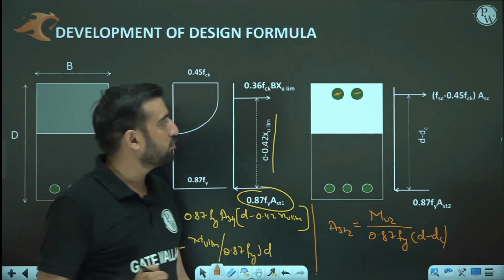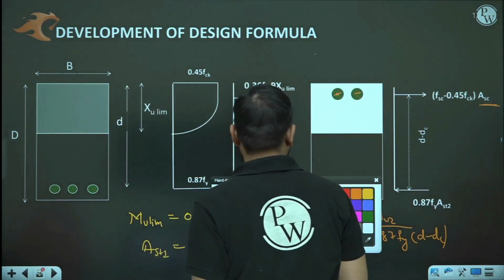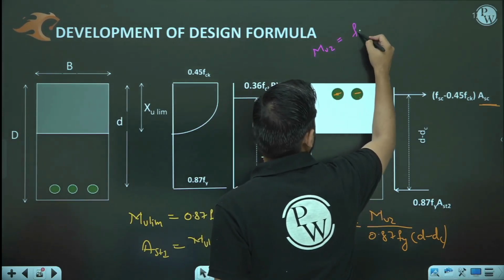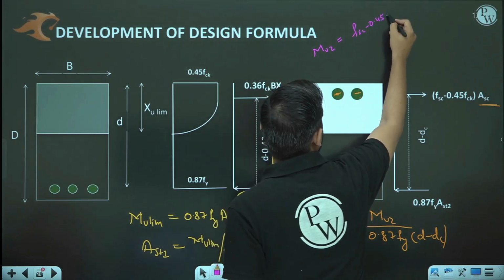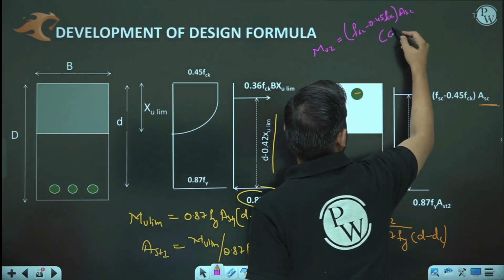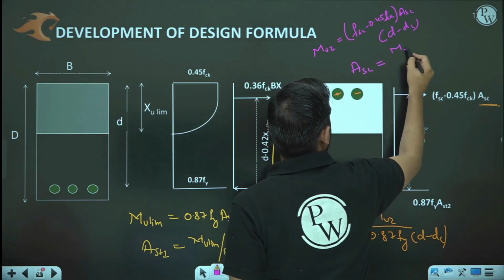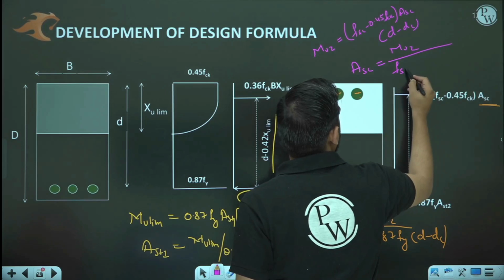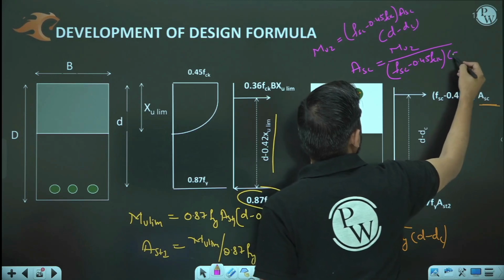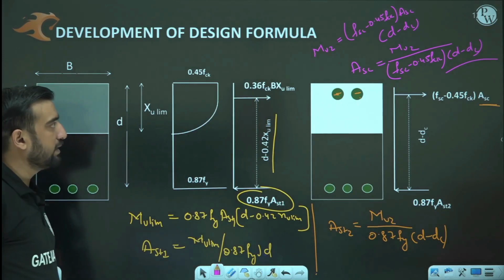Once Fsc is known, you can get Asc again by equating Mu2 equal to (Fsc minus 0.45 fck) into Asc into (d minus d dash). So Asc would be Mu2 divided by (Fsc minus 0.45 fck) into (d minus d dash). So this is the way we can get the value of steel.